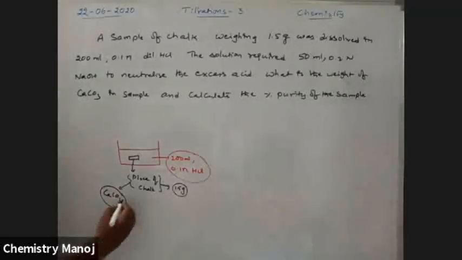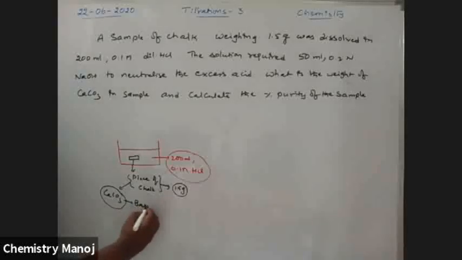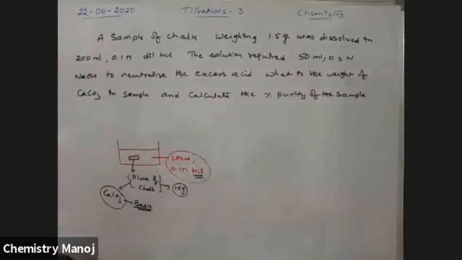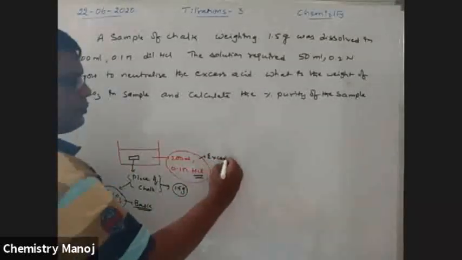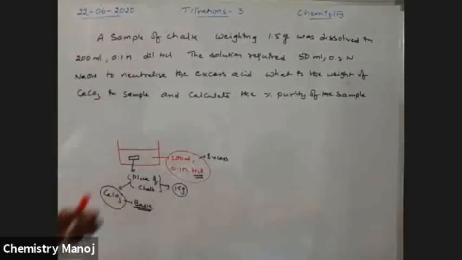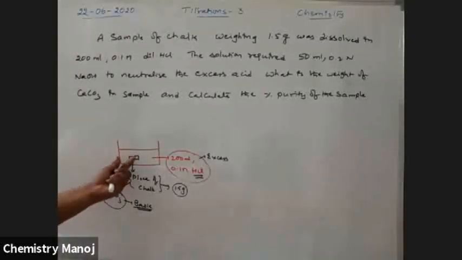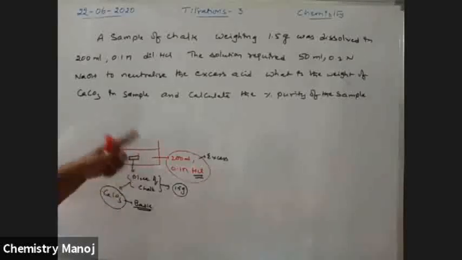Calcium carbonate is a basic salt, and this is acid. No doubt, this base reacts with the acid. But the acid is in excess, so only a little amount of base is added. That base reacts with the existing acid, but unreacted acid is there, in excess amount.